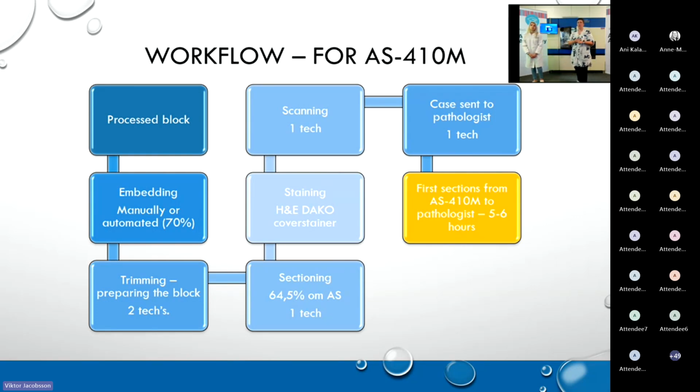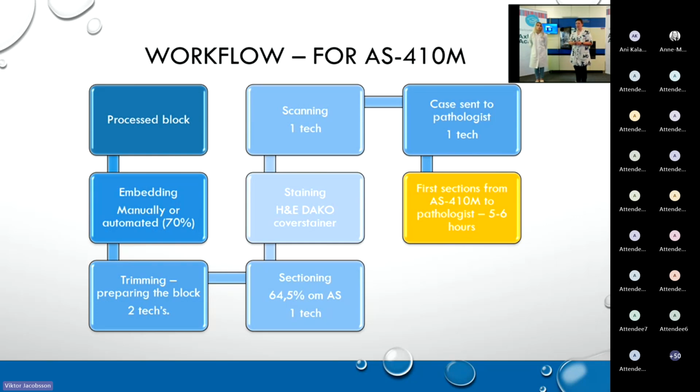When the tissues have been processed in the morning, then it will go for embedding. And again, most of it is automatic. Then we have two technologists who are preparing the block by trimming, and it's actually the same technologists who are handling all the automated embedding. So you can use the same technologist for different tasks.